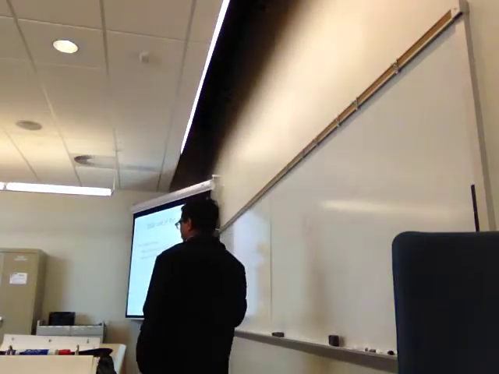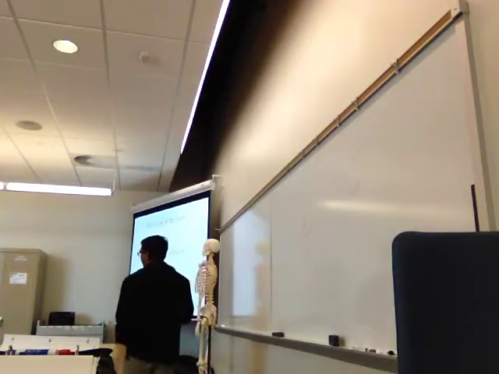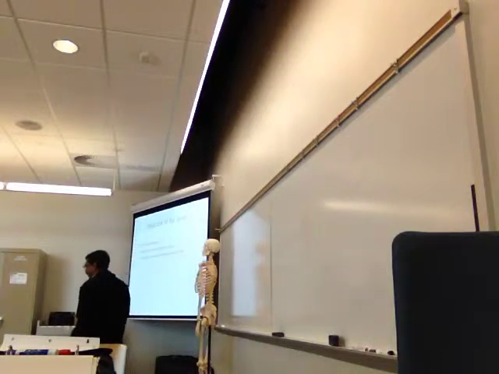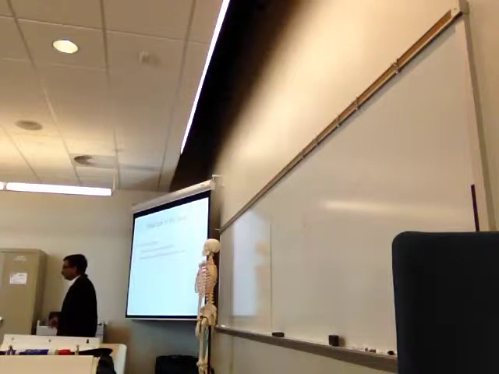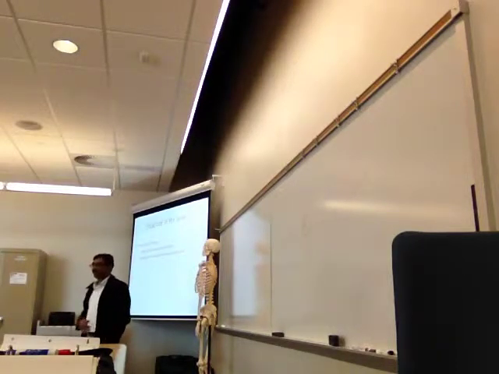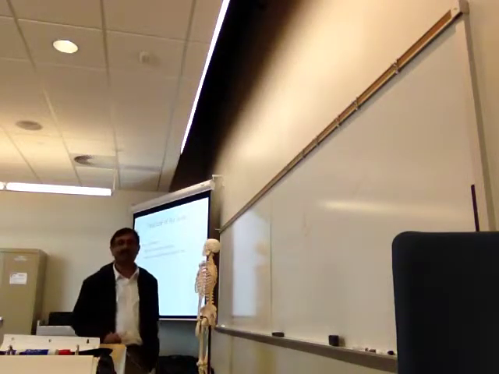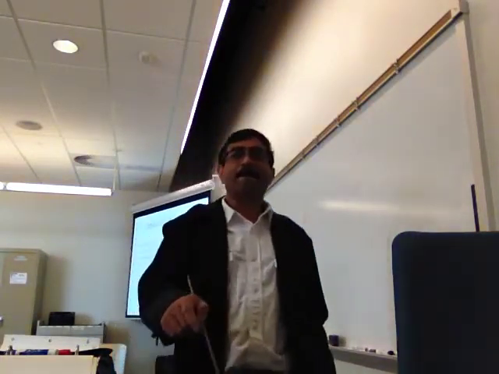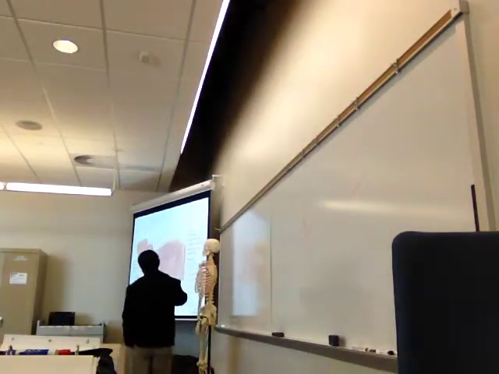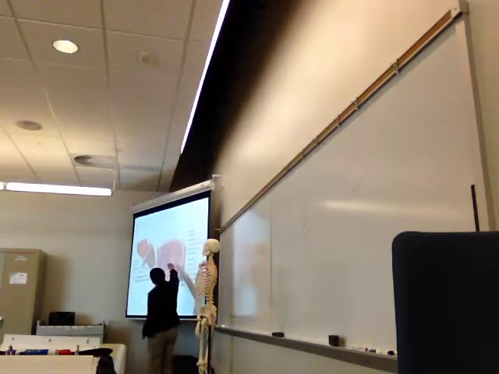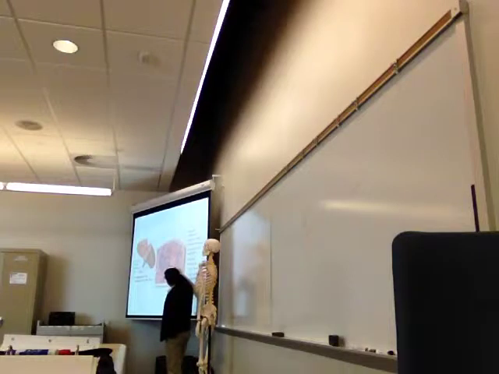Now, if I ask you why the red pulp area looks red, because more what? Blood. More blood is there, right? Blood will make the area red. So if you see here inside the spleen, this is the red pulp area, it will look red, and this area is the white pulp area.